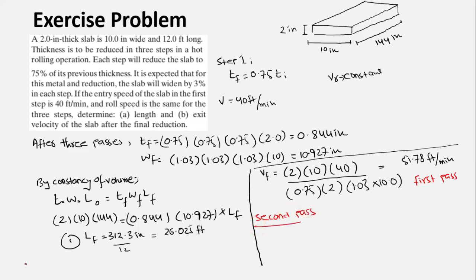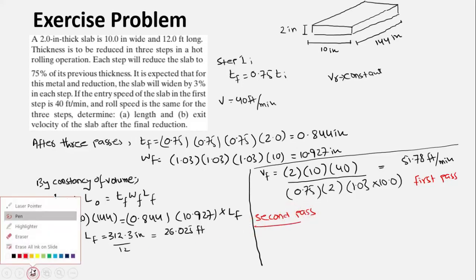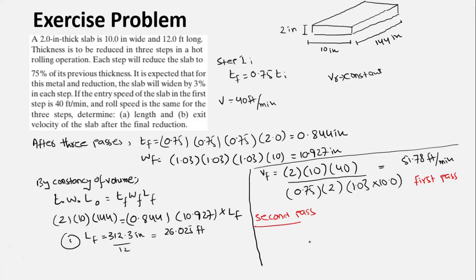For the second pass, we can write VF, this is the exit velocity of the first pass. Now in the second pass, the initial thickness would be the final thickness of the first pass.